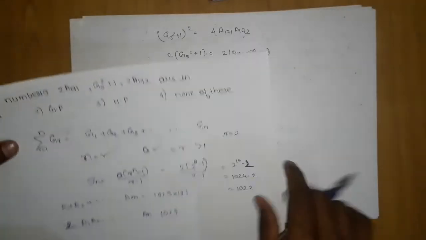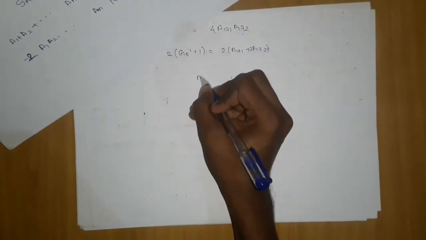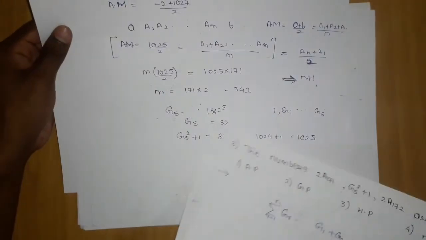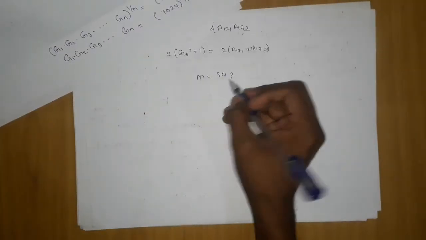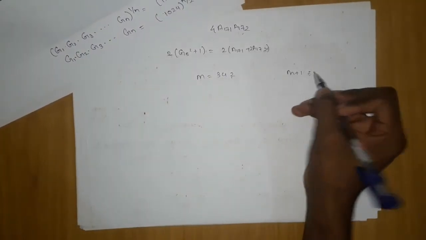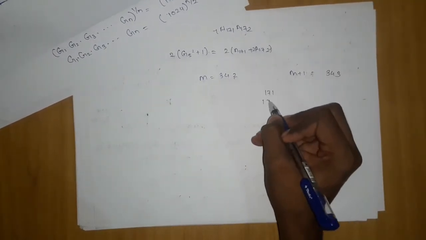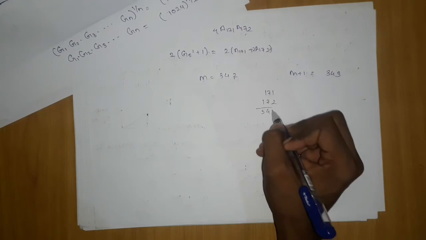Can I get these? Because just see this: we had the m value, 342, right? If I add m plus 1, it should be 343, and if I add 171 plus 172, it is nothing but 343.